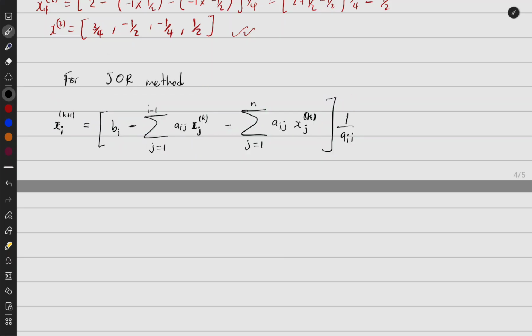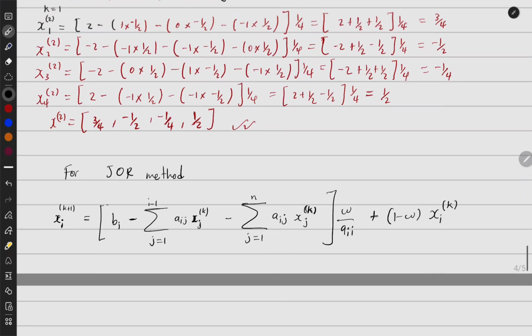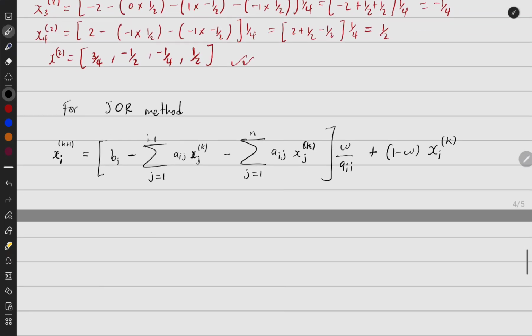However, you multiply by omega, the relaxation parameter, plus 1 minus omega times x_i. This brings in the initial value of the diagonal.